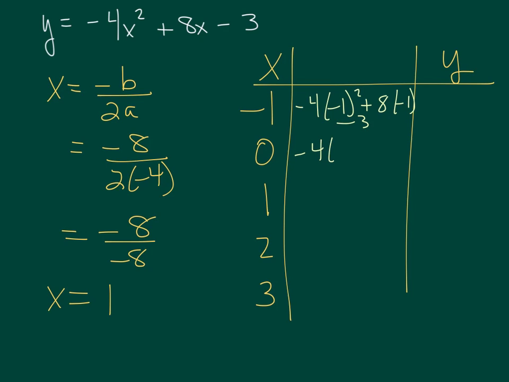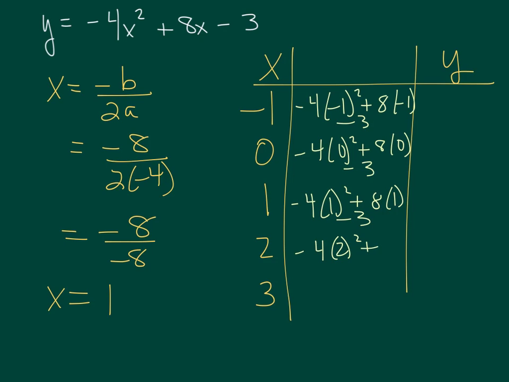Negative 4 times 2 squared plus 8 times 2 minus 3. Negative 4 times 3 squared plus 8 times 3 minus 3.